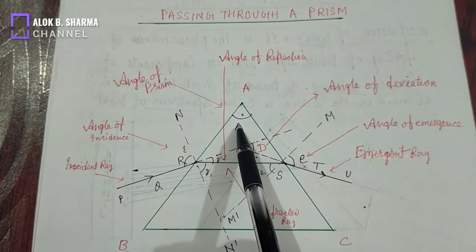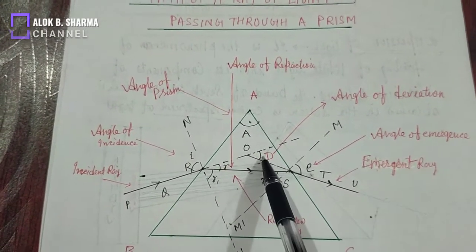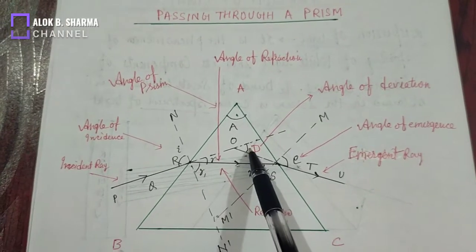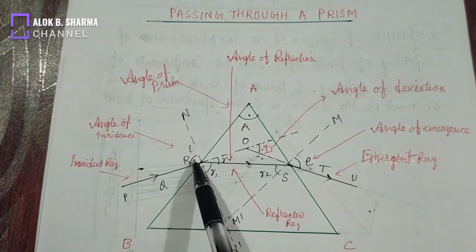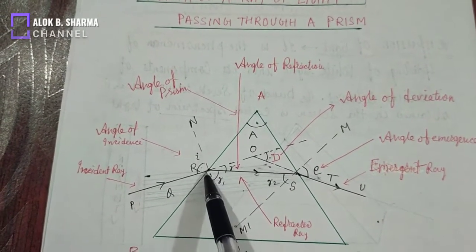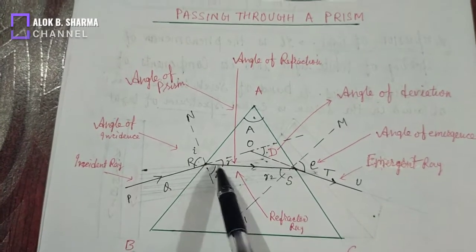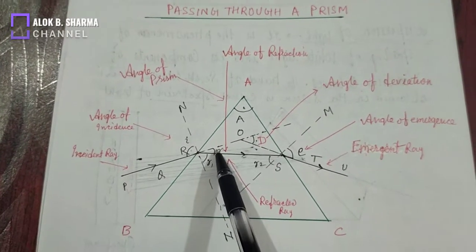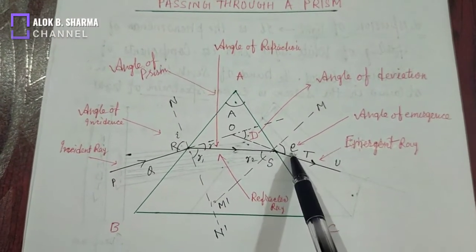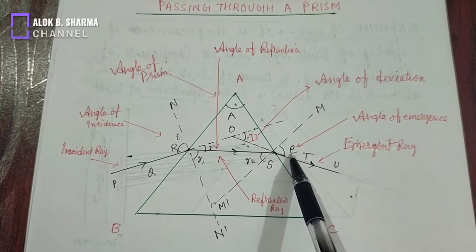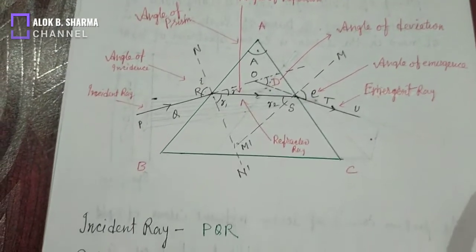Angle A is called angle of prism, angle D is called angle of deviation, angle I, this is angle of incidence, angle R, angle of refraction, and angle E, most important, angle of emergence. Now see what are the points.